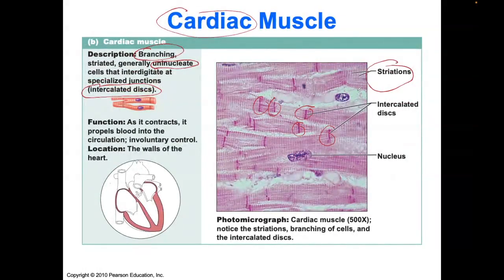So what are these intercalated discs? These intercalated discs are the unions between this heart cell and this heart cell. They make the junctions. They make what we call gap junctions. And gap junctions are used for fast, rapid forms of communication so that both atria contract at the same time and then both ventricles contract at the same time.